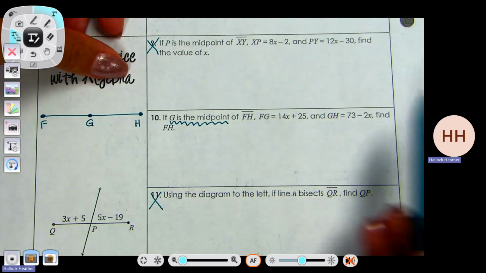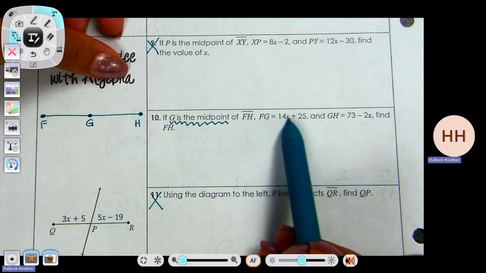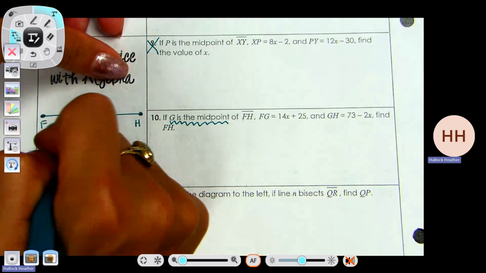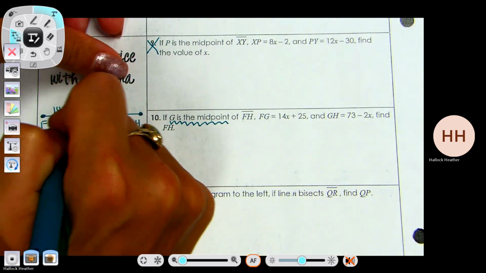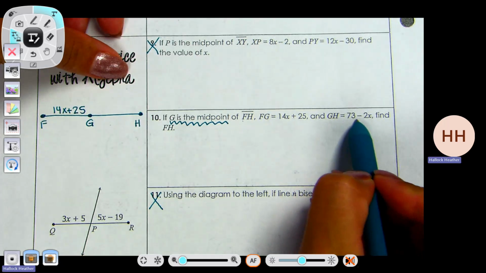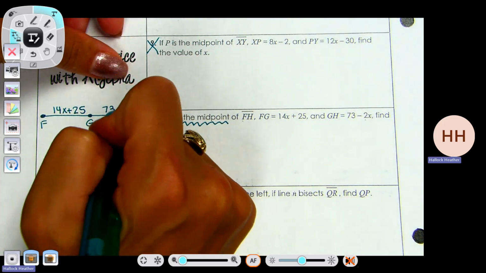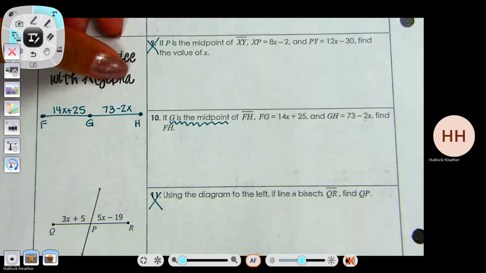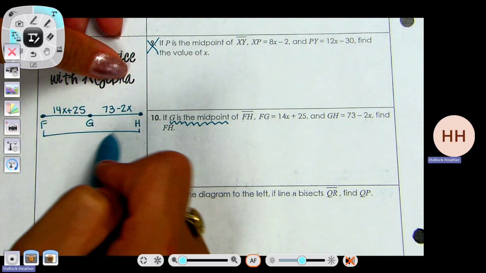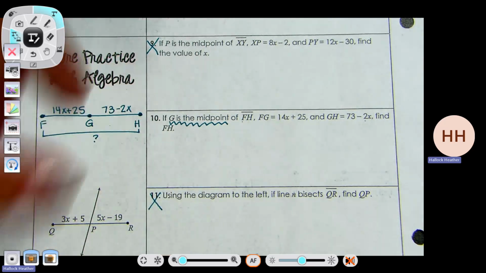And then it says FG is 14x plus 25. We did this on Tuesday. So FG is 14x plus 25. It says GH is 73 minus 2x. I need to find FH. So the goal is to find this whole amount.